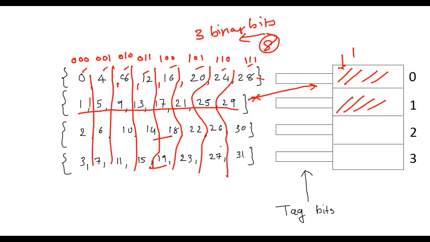This scenario is the whole explanation of that question, and we use tag bits to distinguish between the blocks that resulted in the same modular result.